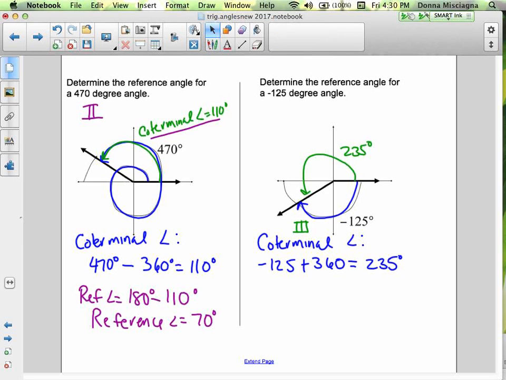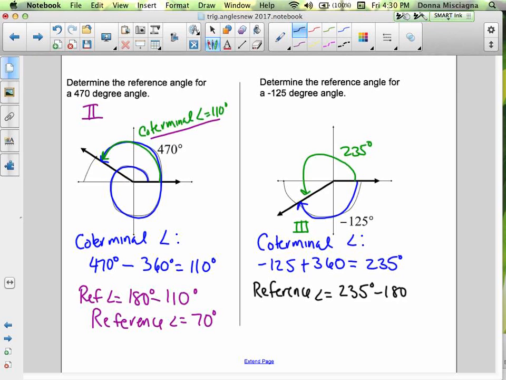So we're going to take our principal angle and subtract 180 from it. So our reference angle equals 235 degrees minus 180 degrees. So that's going to give us 55 degrees.